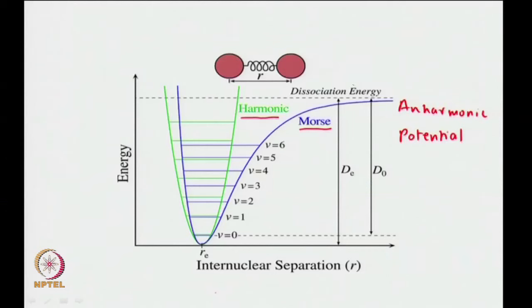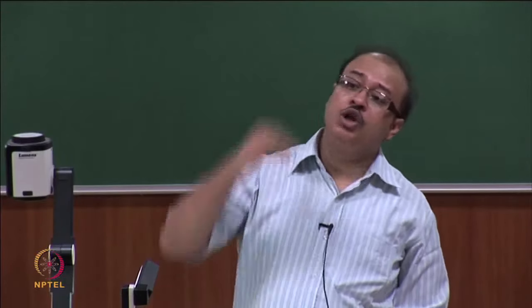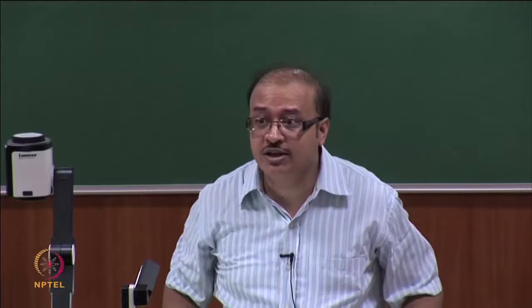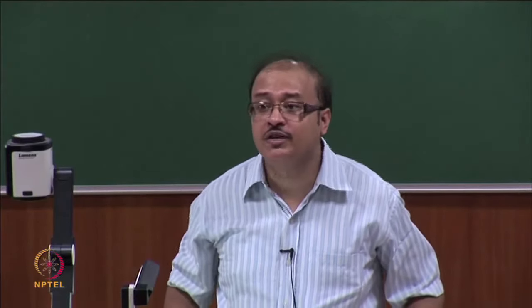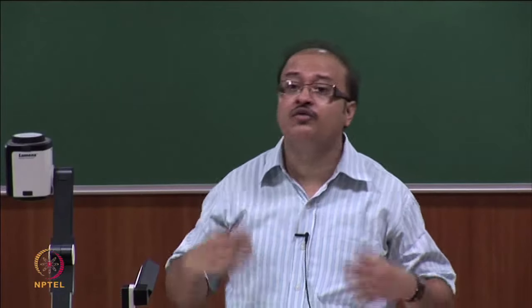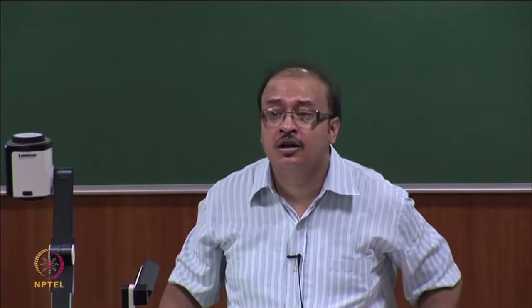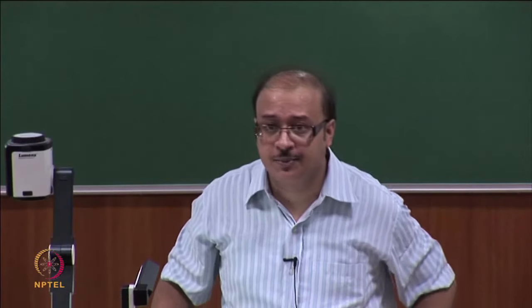This is something referred to as a dissociation energy. That means, what it says is, if you go to this energy, because energy is on the y axis, if you go to this energy, the dissociation energy, if that is the extent of vibration energy you are putting in, and the molecule is vibrating so fast, with so much energy, what will be happening is the bond will break and the molecule will dissociate, right.